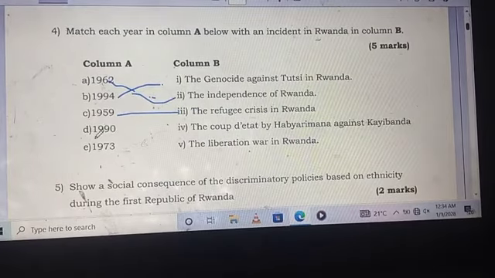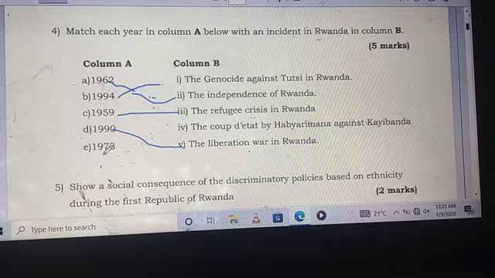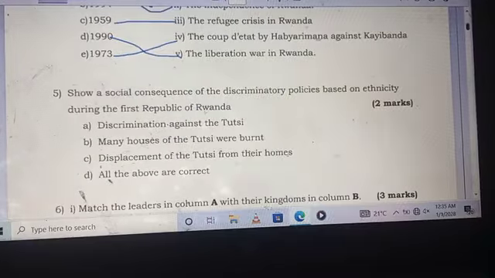D, 1990 matches to V, the liberation war in Rwanda. E, 1973 matches to IV, the coup d'etat by Habyarimana against Kayibanda.